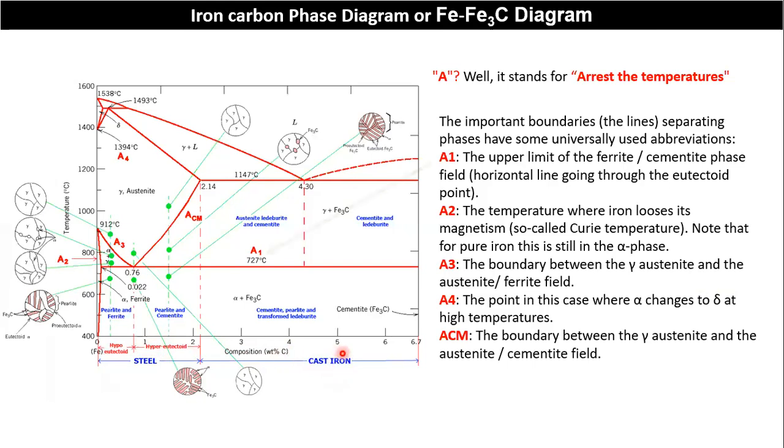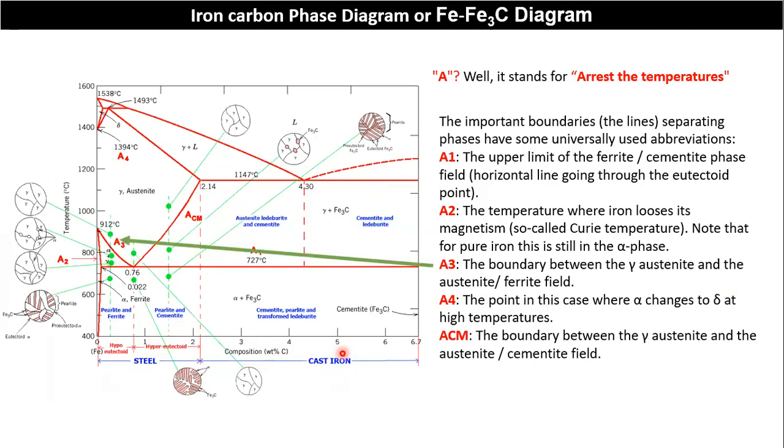Now, first A1: 727 degrees centigrade. A2, what type of temperature? Again 727, but the in-between temperature is important, with a maximum of 912 degrees centigrade.